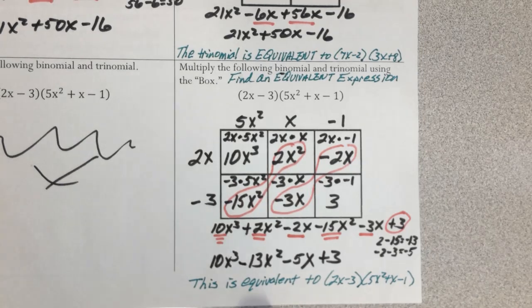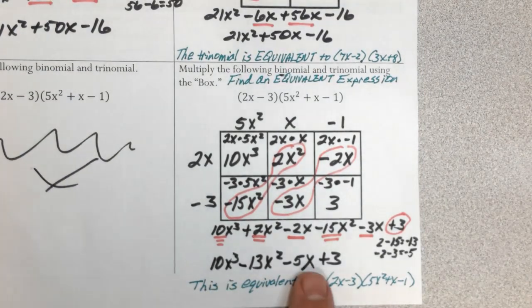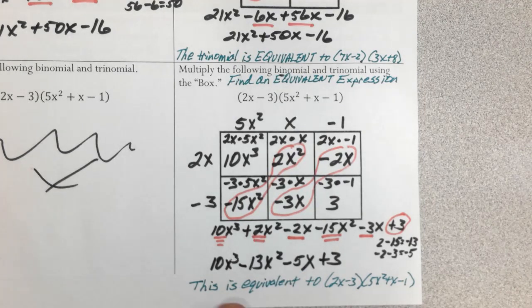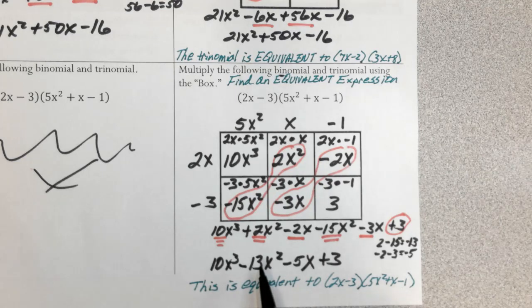Okay. Alright, so this will be our expression, that's our answer. So pause the video and make sure you write this. This expression right here is equivalent to the binomial times the trinomial.